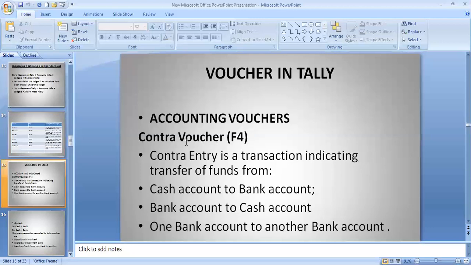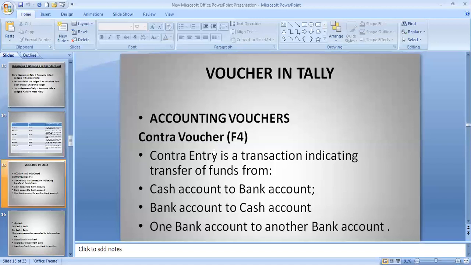Okay. So for what reason is the contra entry voucher indicated? Suppose you are transacting from bank to bank, transferring so and so amount from SBI to ICICI Bank. There is a transfer of cash.